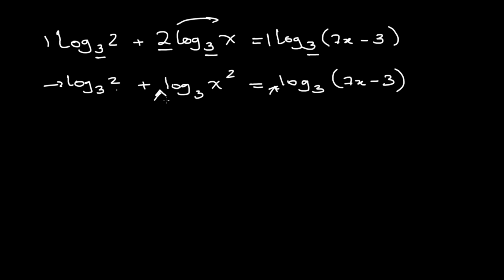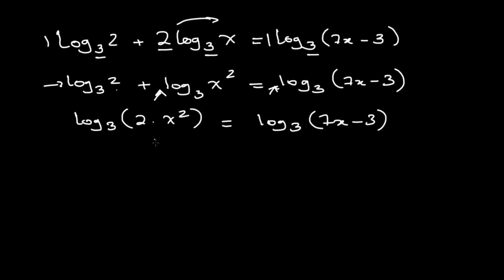So I know that it's easier now for me to combine them. So I can go with the multiplication rule. So this one will be times x squared, because I'm putting these two together. Then here we have log 3, 7, x minus 3.